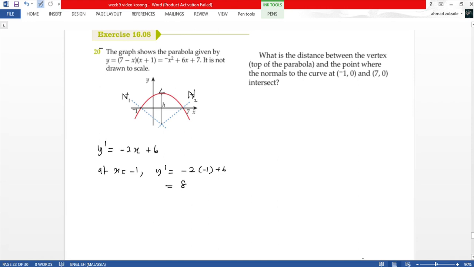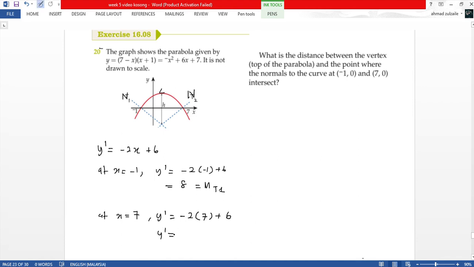So ini ialah equation for tangent number 1. Okay, at x equal to 7, y prime equal to negative 2, 7 plus 6.